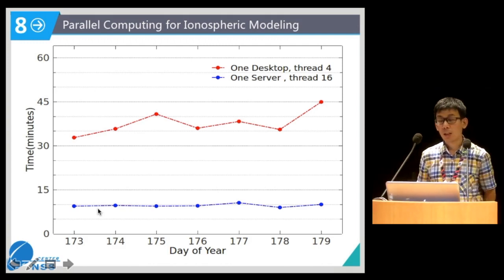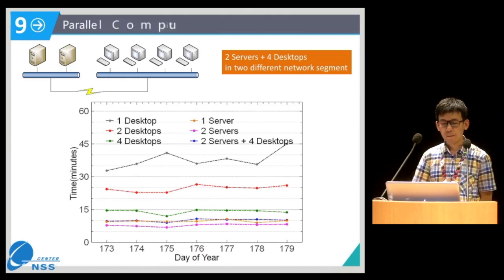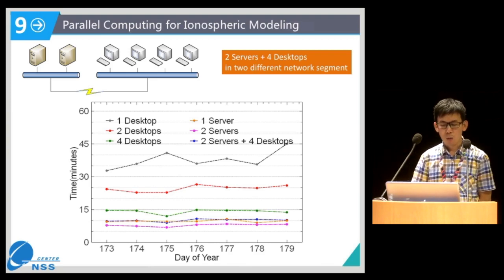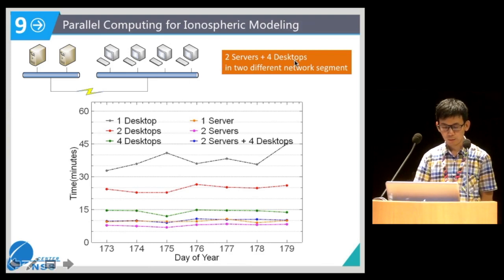Based on the above analysis, we have gone one step further to test distributed parallel computing with 2 servers and 4 desktops. The hardware configuration is the same as we have listed here.